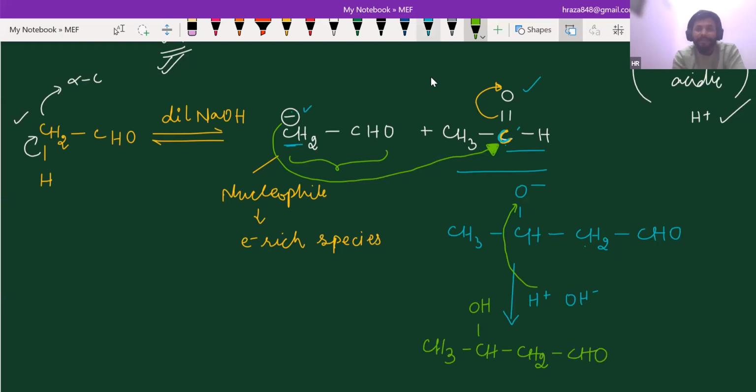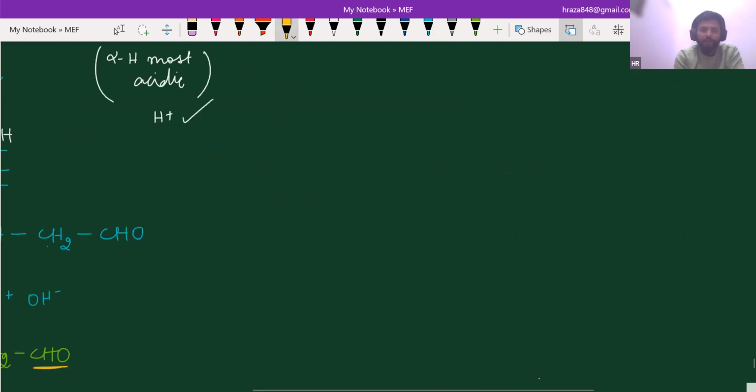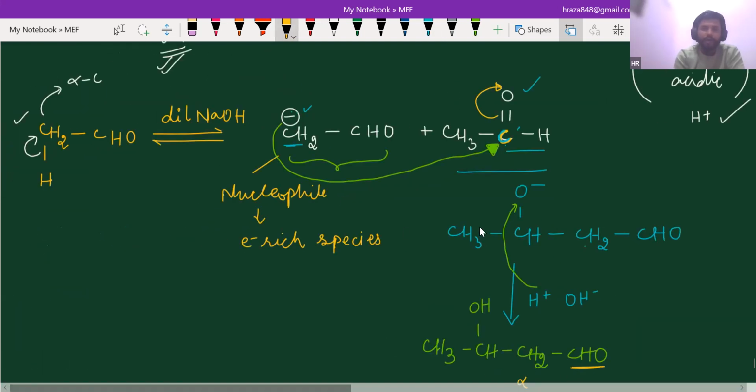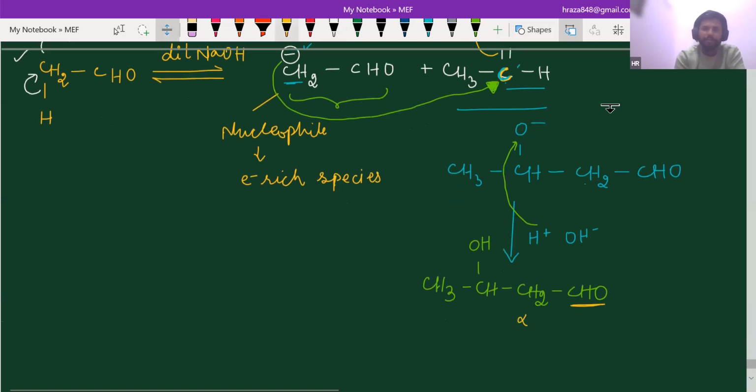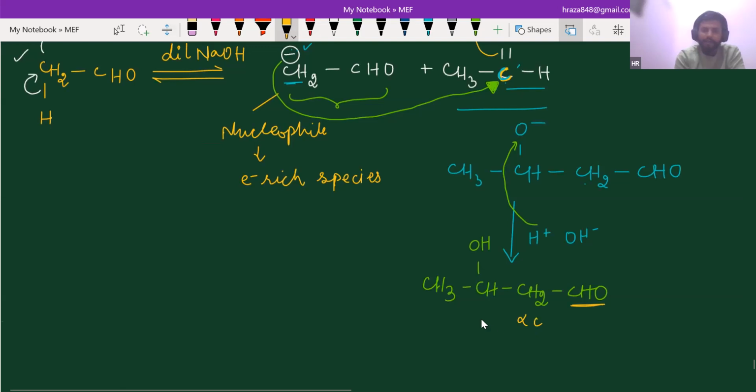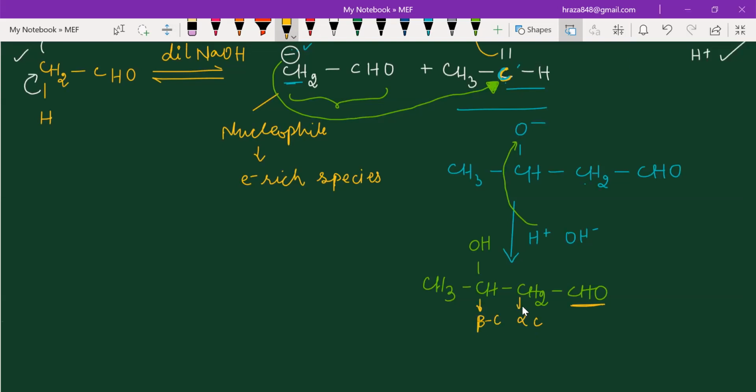So this reaction I'm going to explain. As you can see, this is your main functional group. After CHO, the carbon that is present is your alpha carbon and this is your beta carbon. Yes or no? Yes, sir.